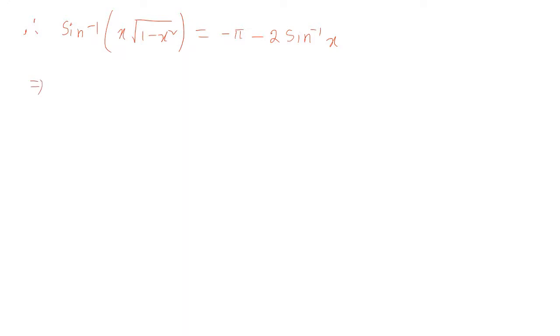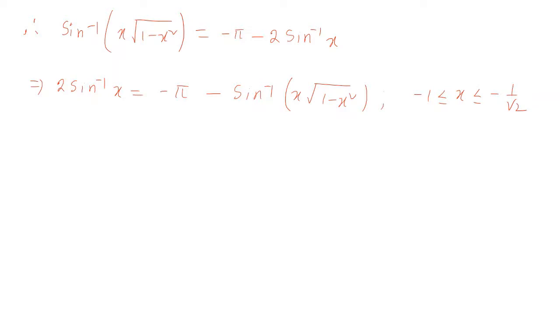This implies 2 sine inverse x is equal to minus pi minus sine inverse of x into root over 1 minus x square, when x is between minus 1 up to minus 1 by root 2.